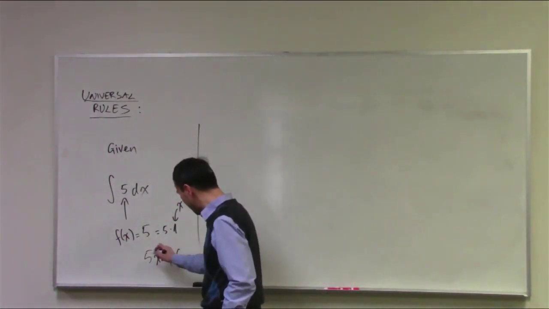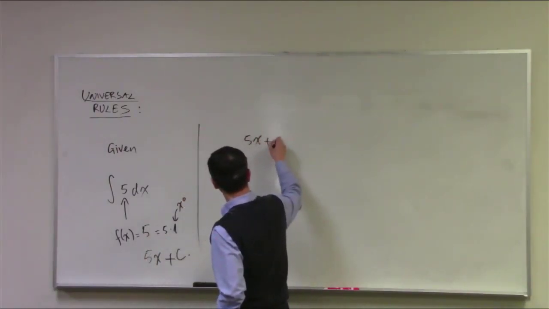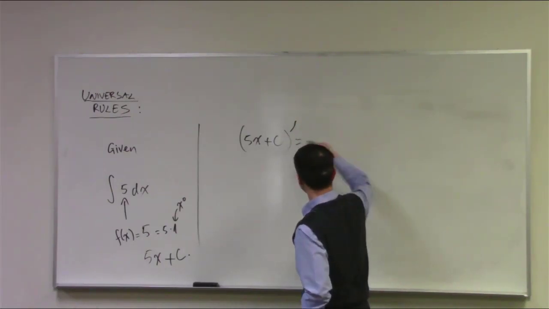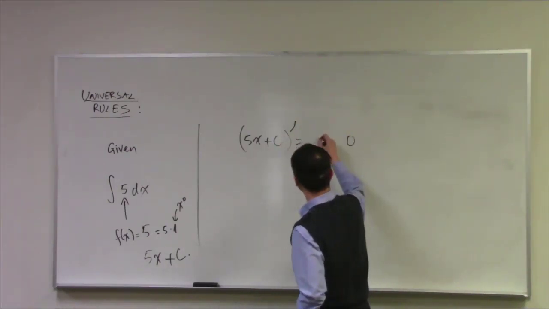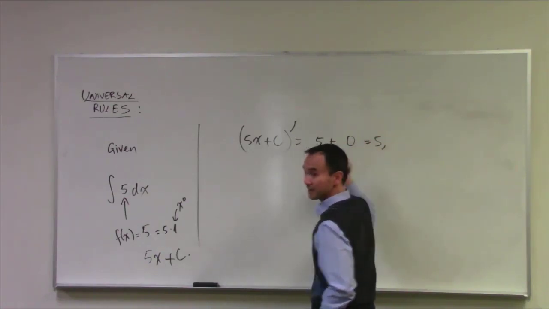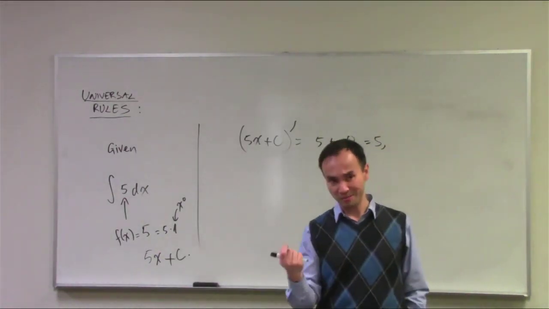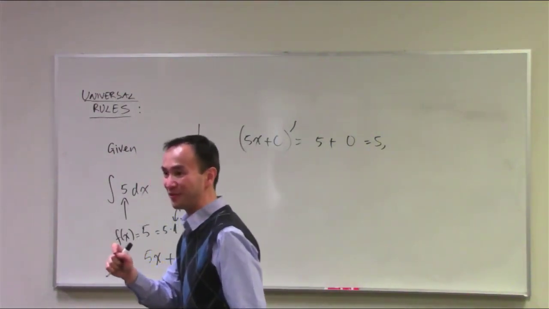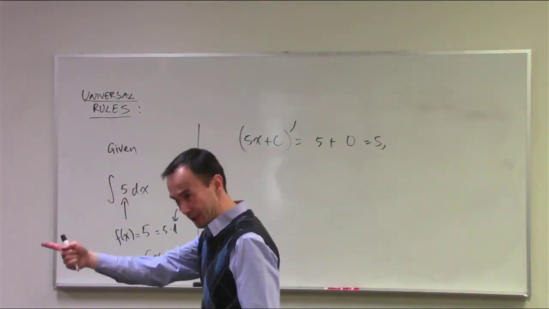5x plus c is the antiderivative to that. Take that derivative, right? And we land right into, see, the constant term gives me a 0, that gives me a 5, and that's why it's 5. I also mentioned that the one way to check your answer anytime you find an antiderivative is to take the derivative.